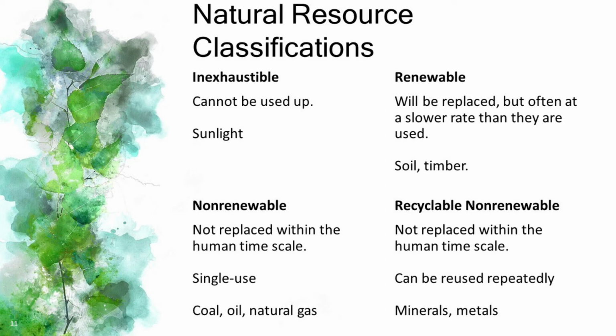Non-renewable means not replaced within the human time scale. Examples are coal, oil, and natural gas. This is just for a single use. So that's why we are encouraged to use what we call renewable energy resources, because we are facing a shortage or crisis in terms of coal, oil, or natural gas.